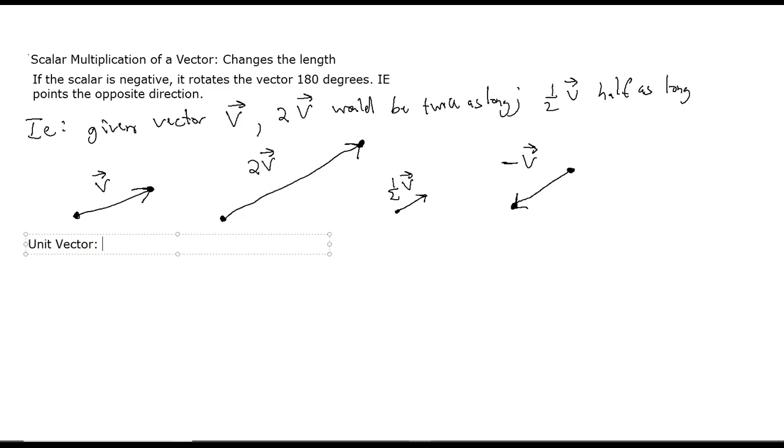So a one vector, what that's saying is that we have a vector with a length of 1. So a unit vector is any vector that has a length of 1. Now, do most vectors have a length of 1?